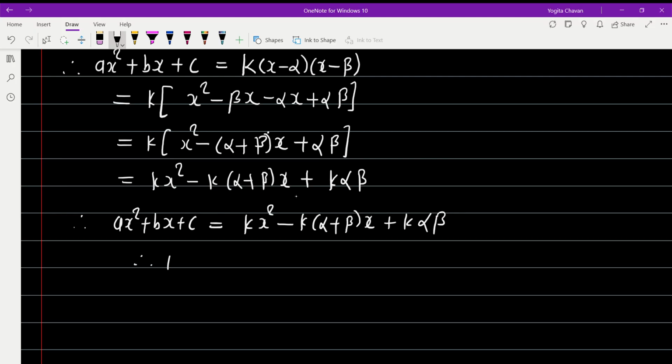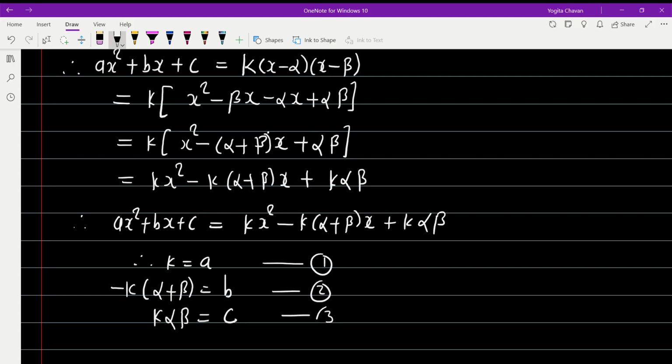Therefore, we get k is equal to a. Then minus k into alpha plus beta is equal to b, and one more equation, k into alpha into beta is equal to c. So suppose this is number 1, this is number 2, and this is number 3.